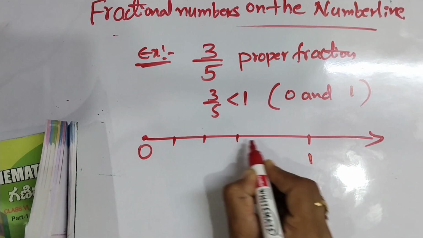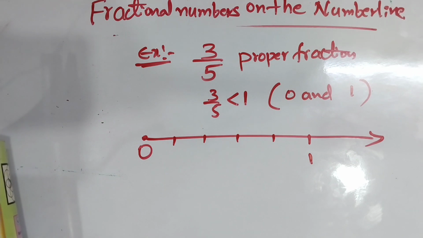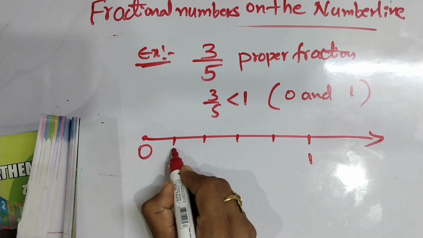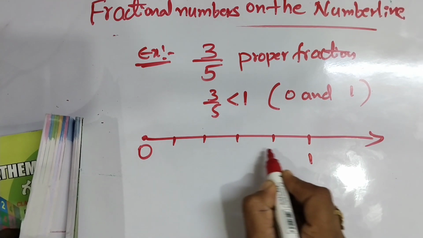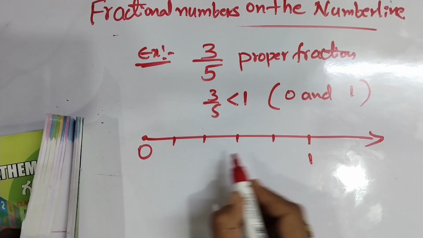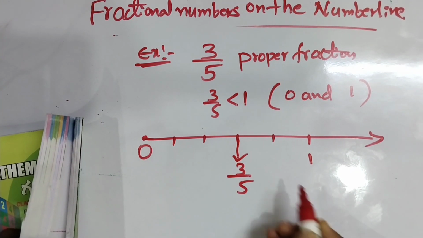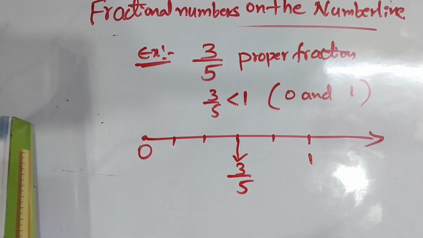This is the first part, second part, third part, fourth part, fifth part. So 3/5: 1, 2, 3. This is 3/5. I think you understood.